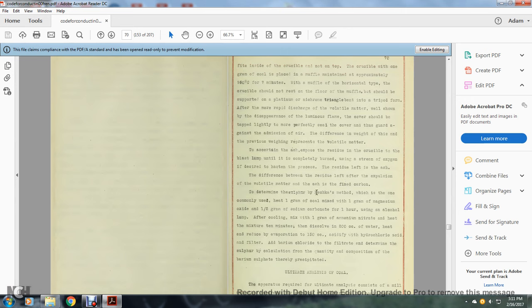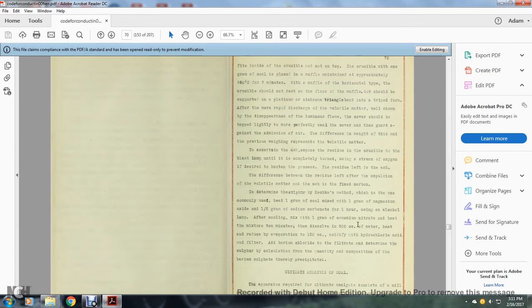To determine the sulfur, use Eschka's method, which is one of the commonly used. Heat 1 gram of coal mixed with 1 gram of magnesium oxide and 1/2 gram of sodium carbonate for 1 hour using an alcohol lamp. After cooling, mix with 1 gram of ammonium nitrate and heat for 10 minutes.